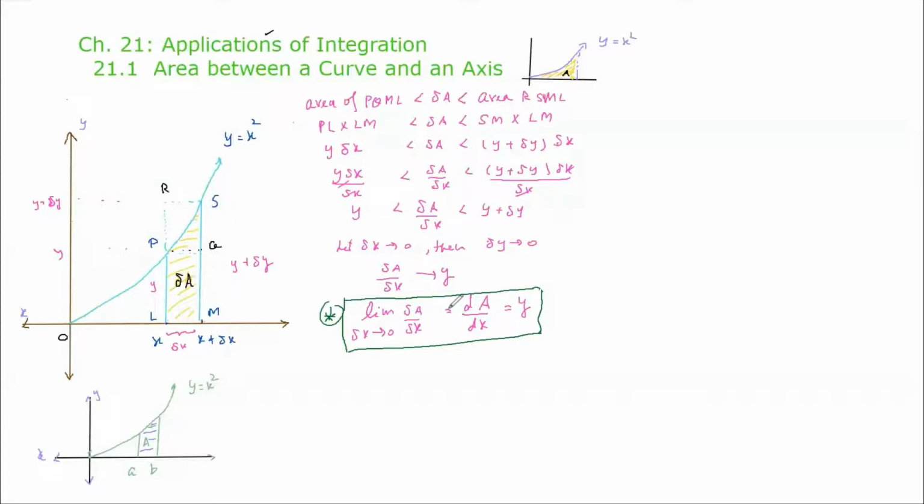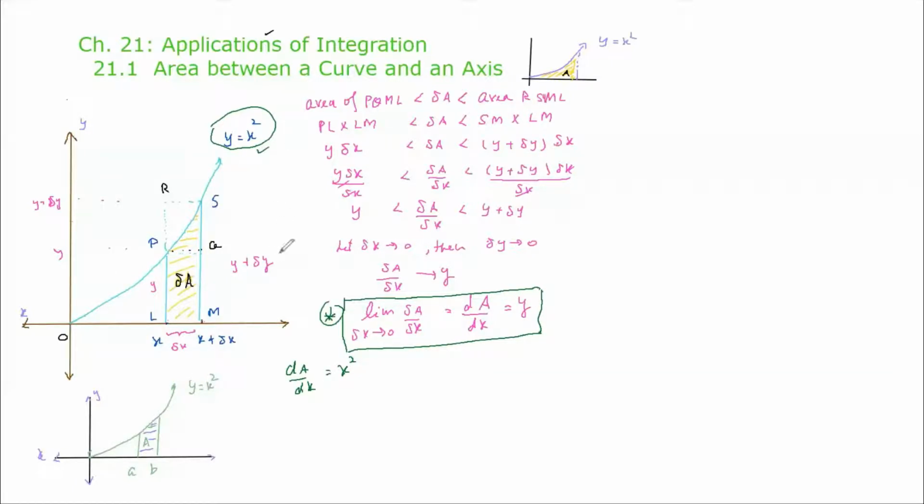So from this proof and definition, we can say at the same time that y equals x squared. We can say dA over dx equals x squared also, because dA over dx equals y, and y equals x squared.